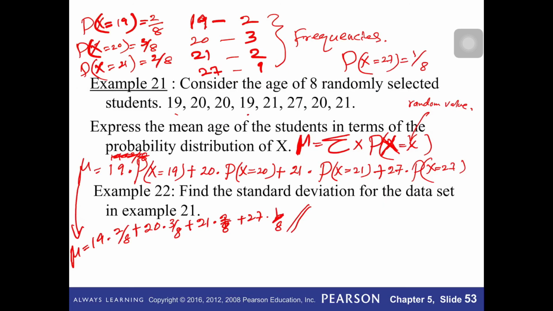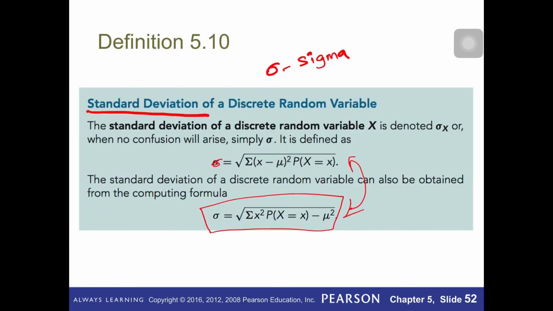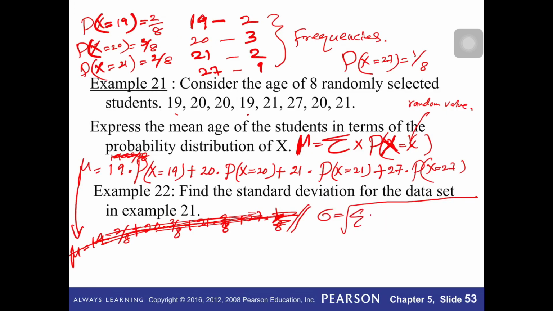Let me erase this one. That one is sigma equals the square root of the summation of (x minus mu) squared times the probability of X equals x. So now you have these values, you can get this sigma directly.